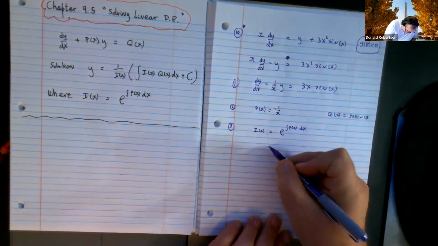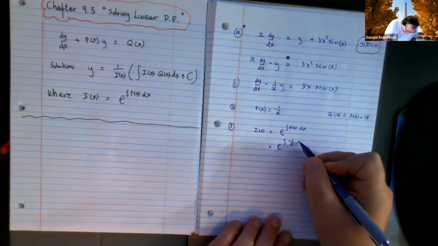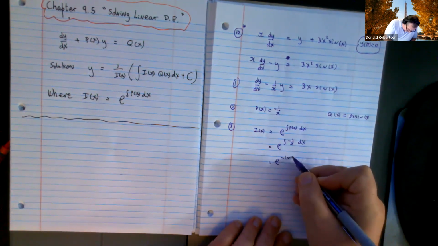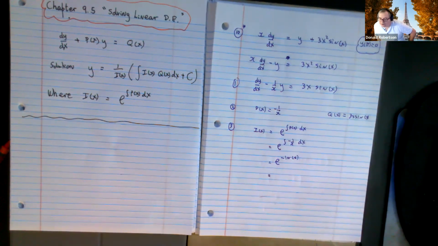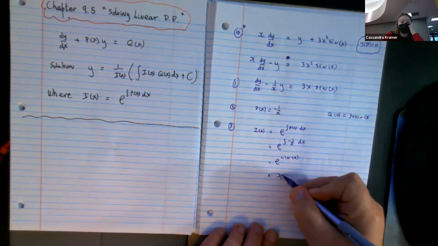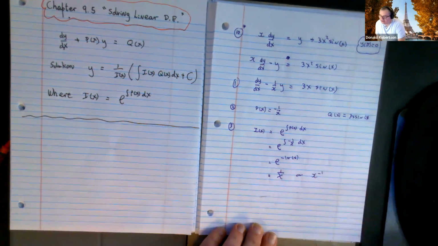The integrating factor then is e to the integral of this guy, which is negative log X. What does e to the negative log X simplify to? And it's not negative X. 1 over X. Okay, 1 over X is totally okay, or X to negative 1, I don't care which, they're both correct.